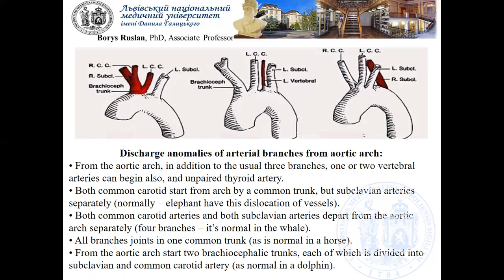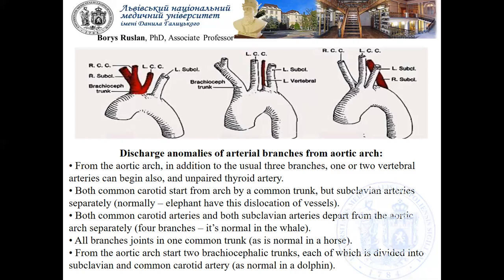Third position, both common carotid arteries and both subclavian arteries depart from the aortic arch separately. There will be four branches starting from the arch of the aorta. It's normal in the whale. Fourth position, all branches join in one common trunk.